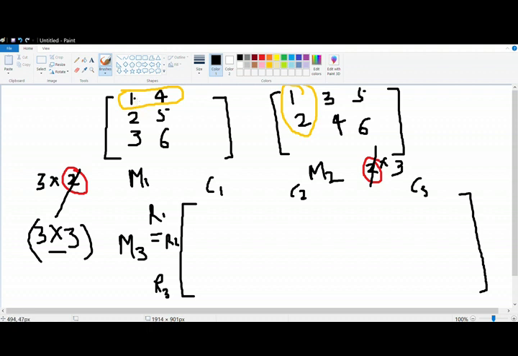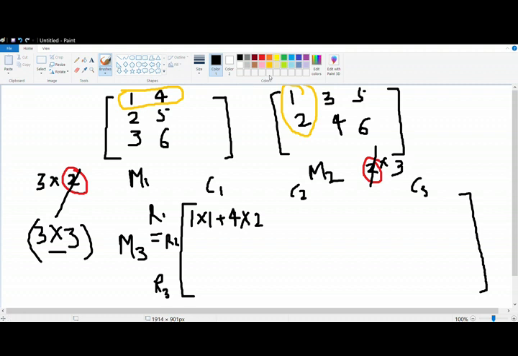The R1 C1 element of the first matrix will be multiplied by the R1 C1 element of the second matrix. So here we execute 1 into 1 plus 4 into 2.